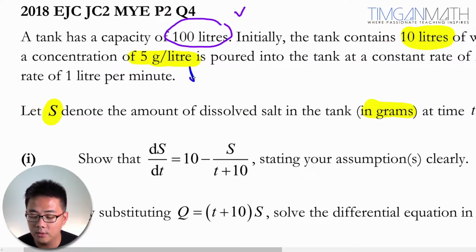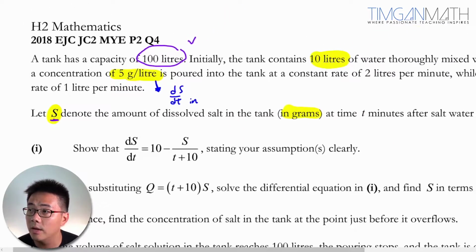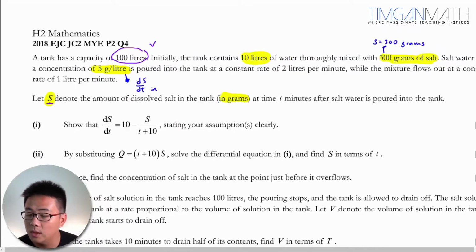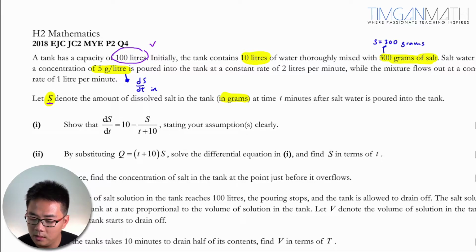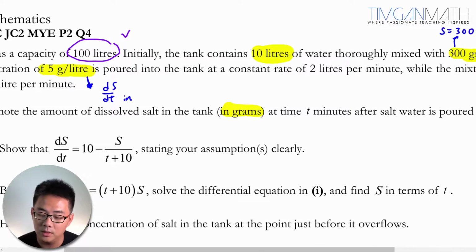Salt water with a concentration of 5 gram per liter. So this tells you what is pouring in is 5 gram per liter. Okay, I'm using S, take note, because the question says that the amount of salt is S. So this is dS/dV in.